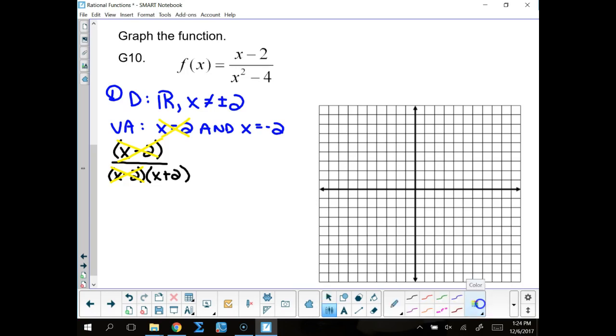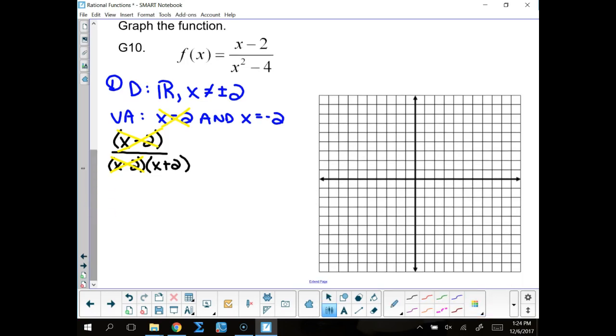So now, and going forward from this point, my function is now 1 over x plus 2. That's what I use going forward. Yes, ma'am? No. The domain stays. Okay? Because I can't put negative 2 into it because that's where my hole is.